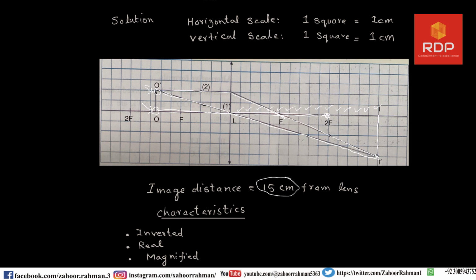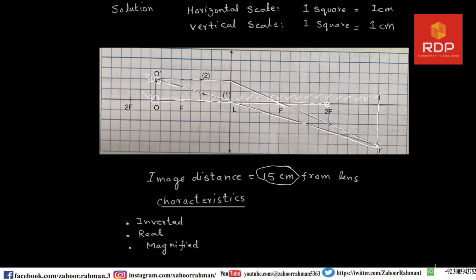Now they ask about the different characteristics, so let us discuss the characteristics as well. The first one is that the image is inverted, upside down. You can see, a very interesting scenario here: the object is erect, but the lens is making it inverted.